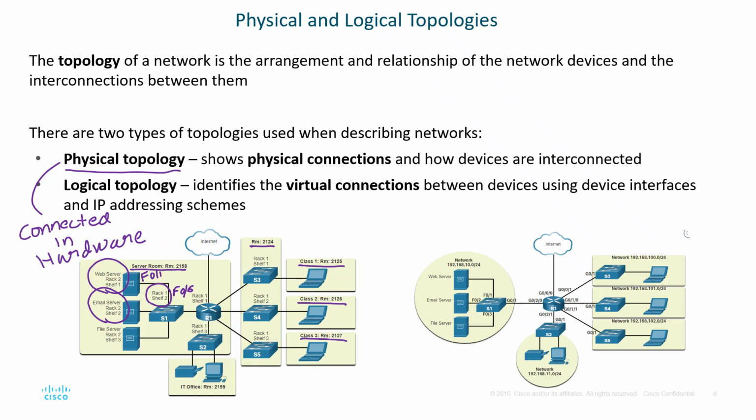If I'm in here on this switch on port 6, my description could be connection 2, web server, shelf 1, rack 2, room 2158. Again, your description is to help you. I don't have to get out of my seat, do I? I know exactly where that server is and what room it's in.